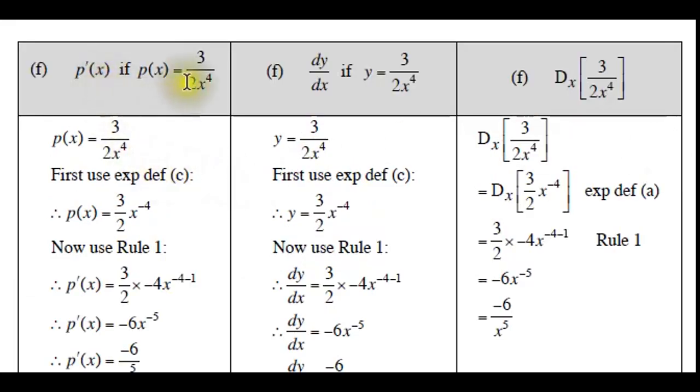Looking at these examples, notice they look a little more complicated, however, still the same thing. There's a 3 in the numerator. 3 in the numerator means that will be 3 over 1. But because you have a 2 in the denominator, it will now become 3 over 2. So 3 over 2, you can write that differently. So if we write it differently, it will be 3 over 2 x to the minus 4. You might wonder, where did that negative come from, right?